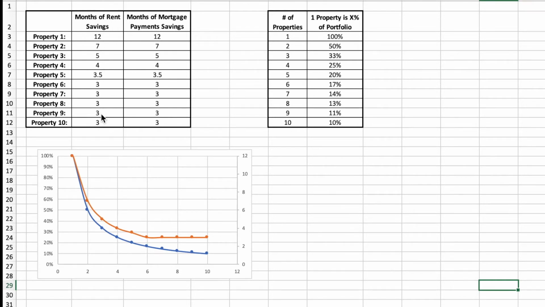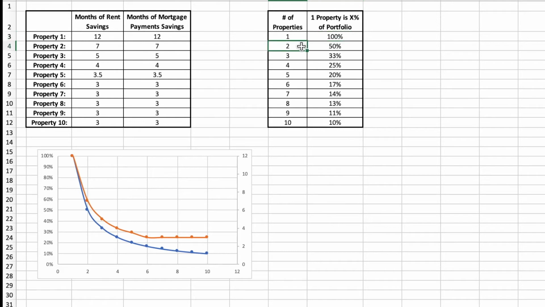And the way I came up with these values was essentially I looked at the graph. This blue curve shows the graph of these values. These values are the percentage of my portfolio that one property is, given the number of properties that I have in my portfolio. So when I have one property in my portfolio, then one property is equivalent to 100% of my portfolio.